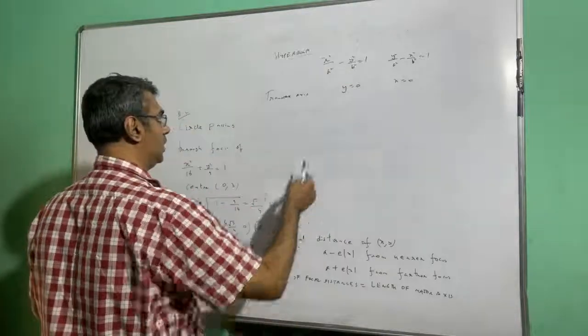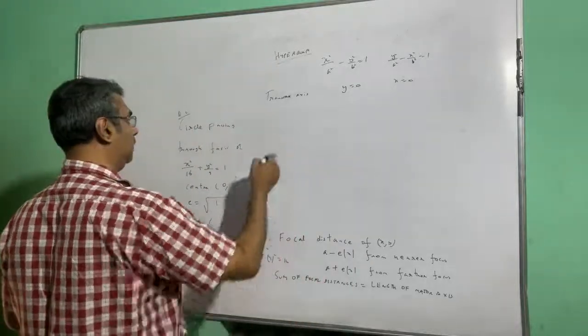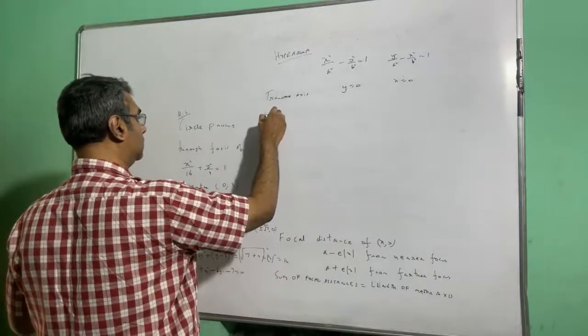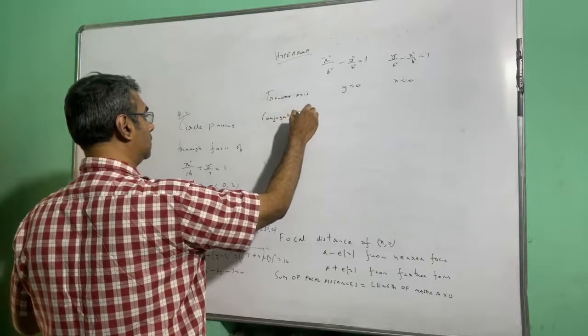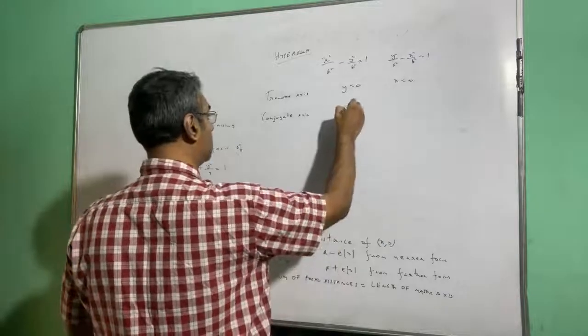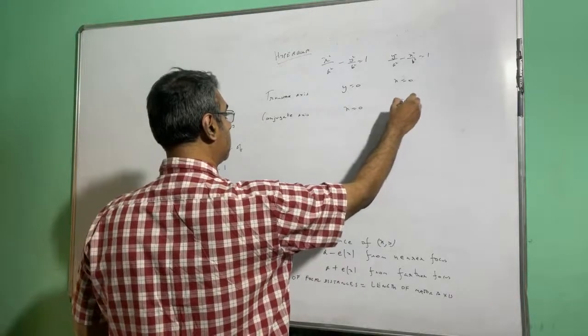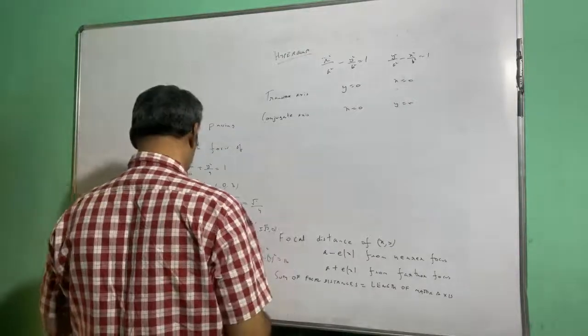The transverse axis for this is y equal to 0 and for this is x equal to 0. Conjugate axis for this is x equal to 0 and this is y equal to 0.